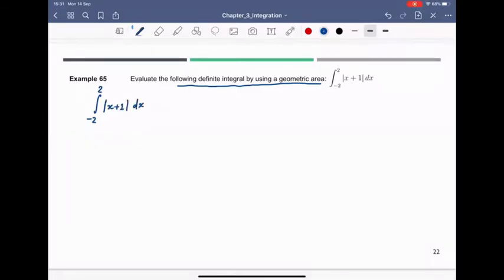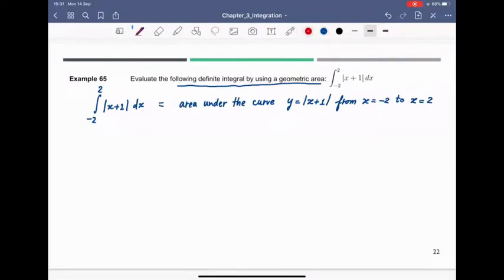Well, if you think of geometry, this is going to be the area under the curve y equal to absolute value of x plus 1 from x equal to negative 2 to x equal to 2. This is by definition of definite integrals, right?